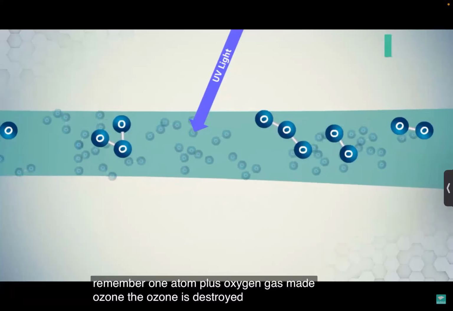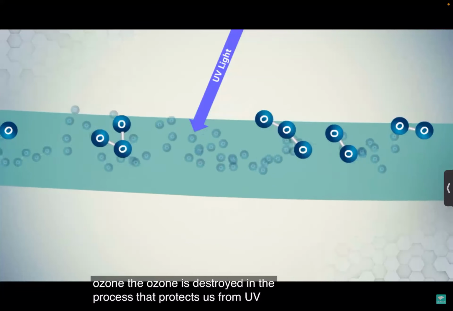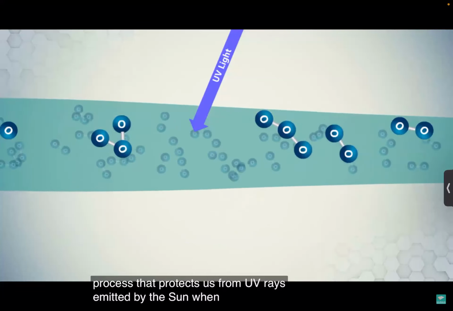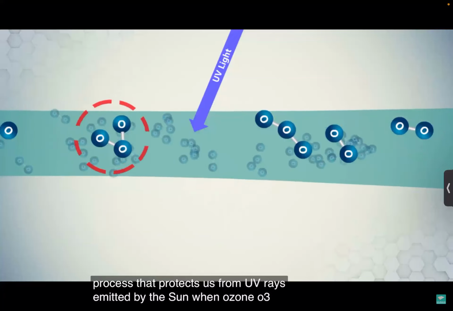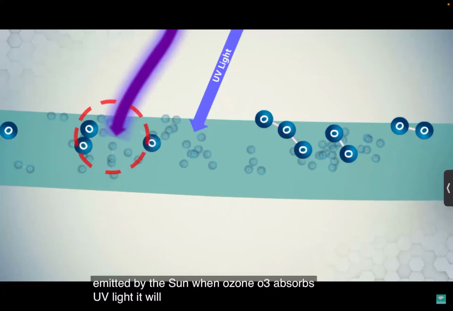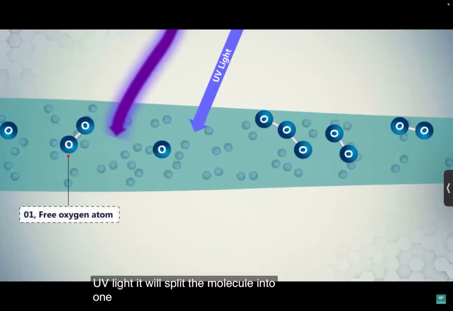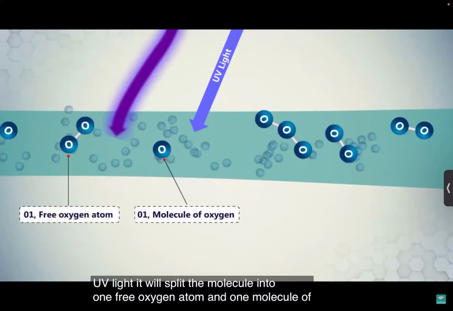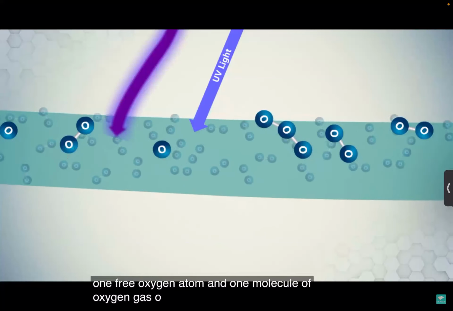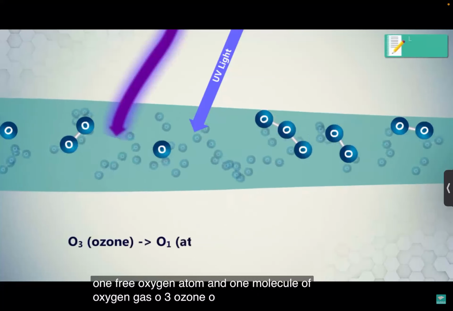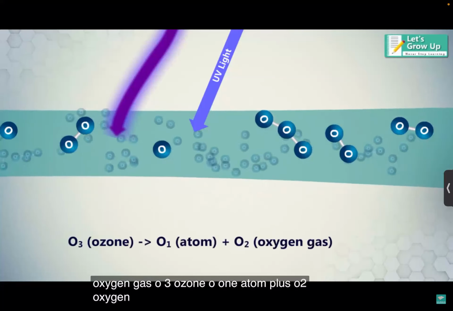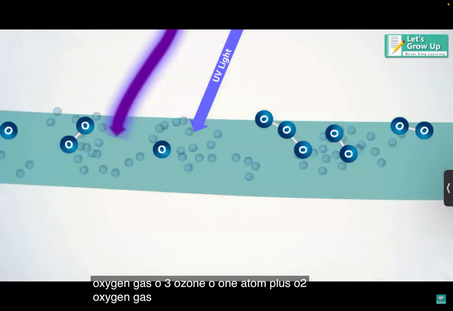The ozone is destroyed in the process that protects us from UV rays emitted by the sun. When ozone, O3, absorbs UV light, it splits the molecule into one free oxygen atom and one molecule of oxygen gas. O3, ozone, gives O, one atom, plus O2, oxygen gas.